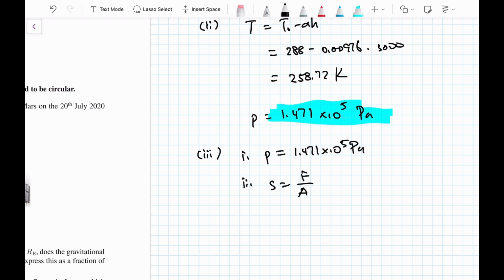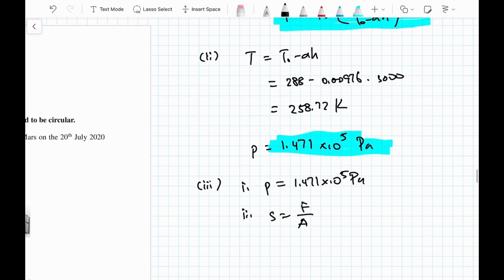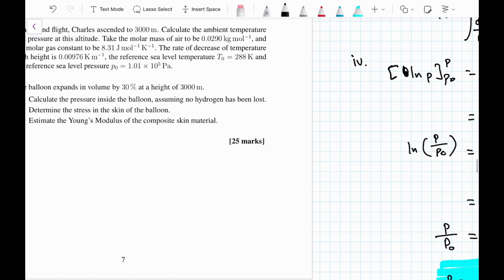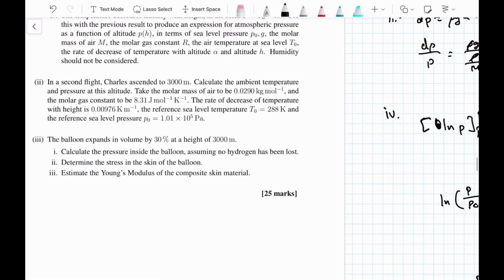Now, what I'm thinking of right now is that we have the skin of the balloon, something like this.